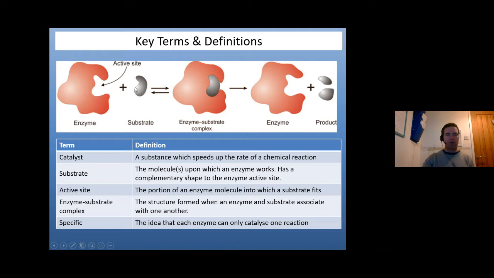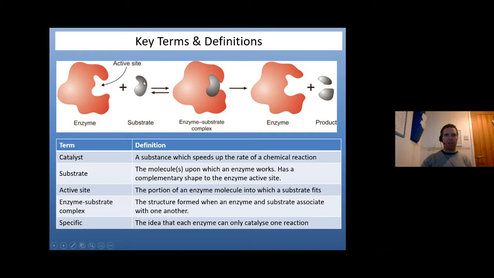So the substrate is the molecule upon which the enzyme works, and we say this substrate is complementary to the active site, meaning it fits. We can't say it's got the same shape, we say it fits, or complementary is the perfect word. So there's the active site, the portion of the enzyme molecule into which a substrate fits.